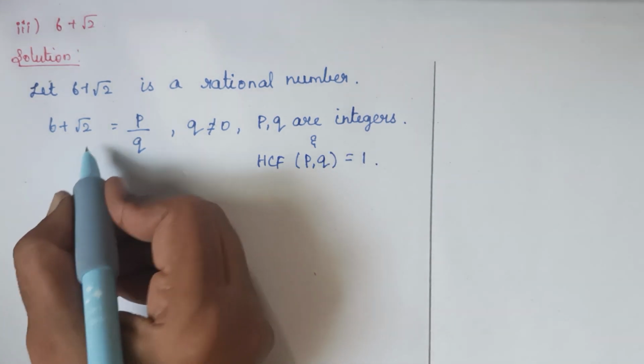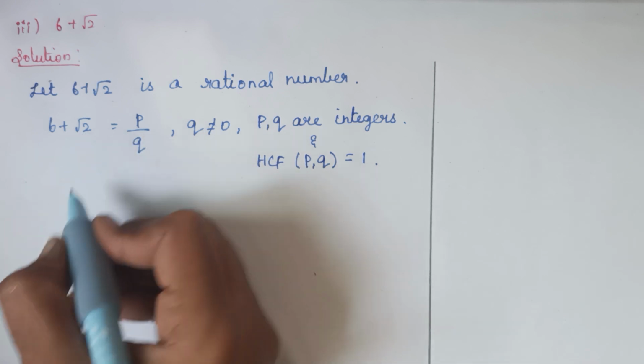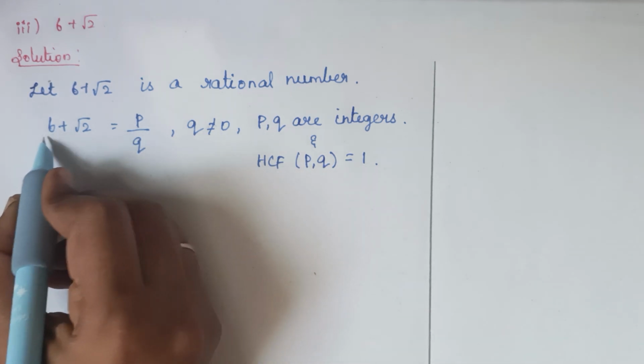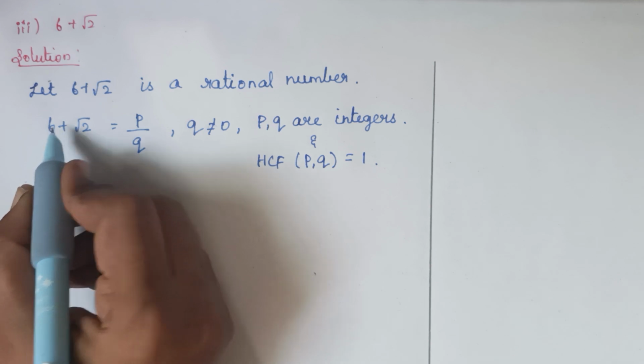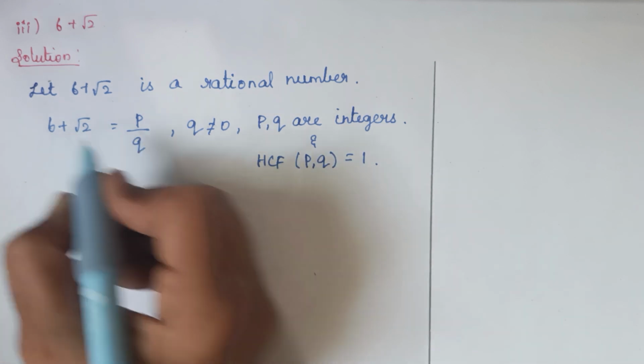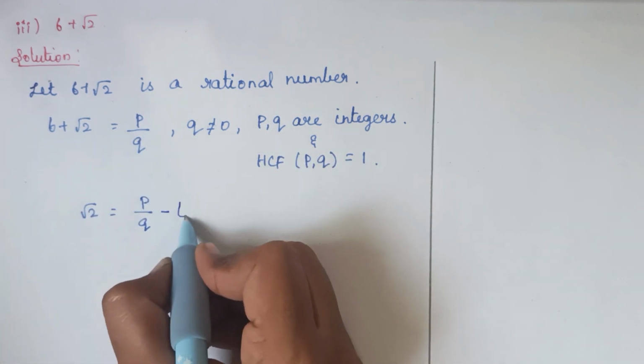Now we just keep root 2 on this side, and take this 6 to the opposite direction, so P by Q plus 6 becomes P by Q minus 6.